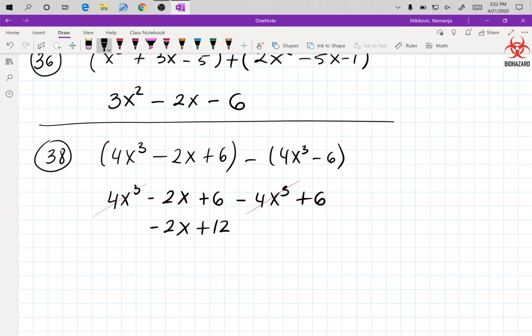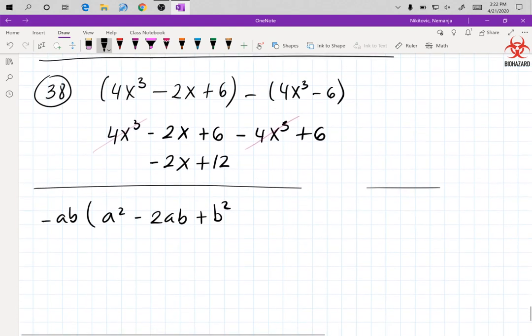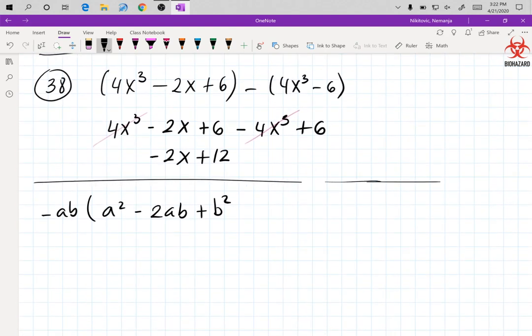Let's see the next one. A little bit more multiplying. 47 looks sufficiently annoying, with negative ab distributing into a squared minus 2ab plus b squared. You are supposed to distribute the negative ab to every single one in the parentheses.